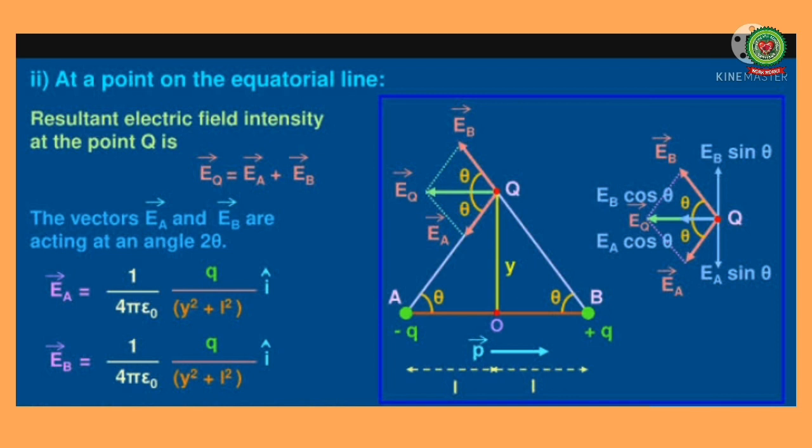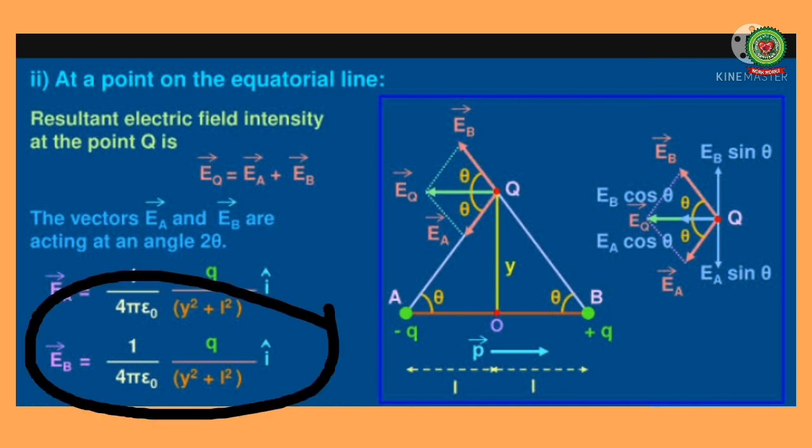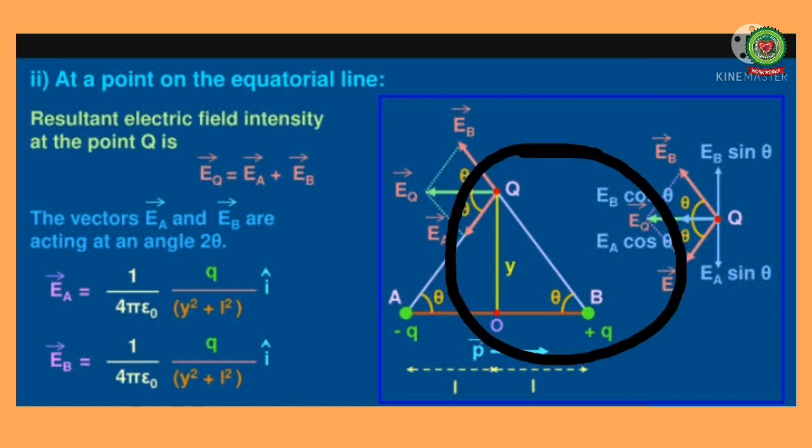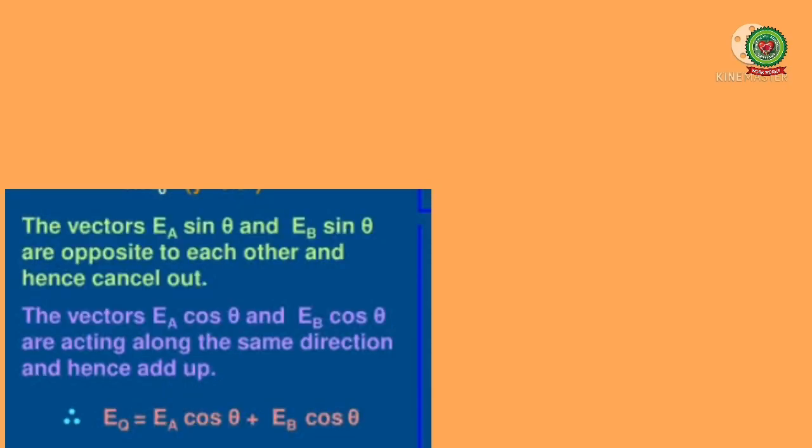Similarly, children, the electric field at point B is given by 1 over 4 pi epsilon naught q over y square plus L square. Here students, we can find the value of QB by applying Pythagoras theorem in triangle QOB.